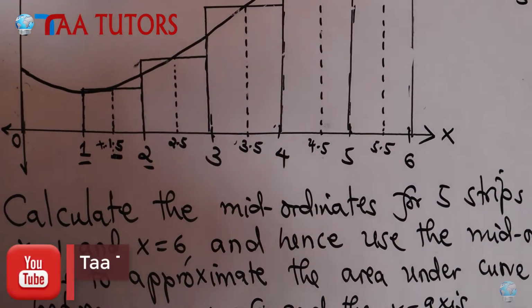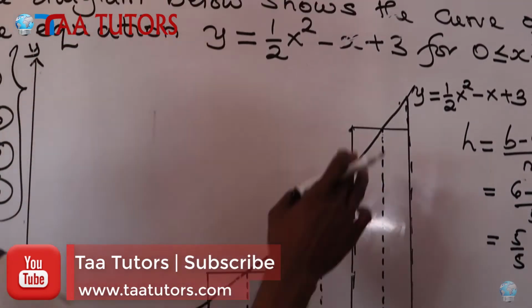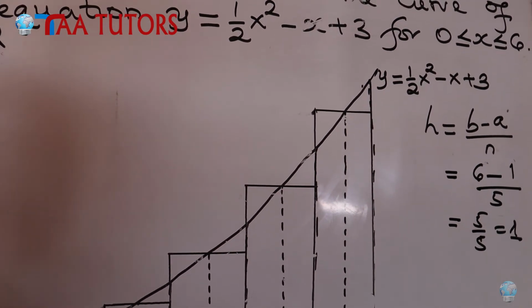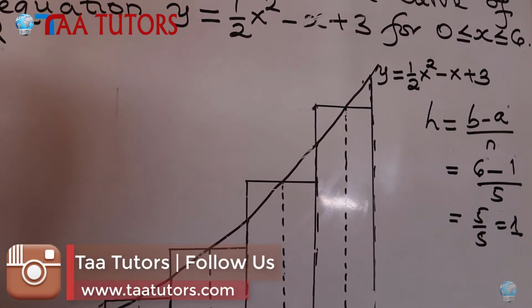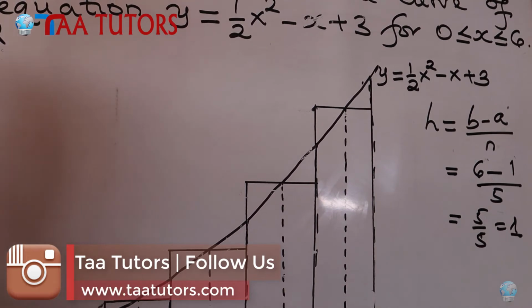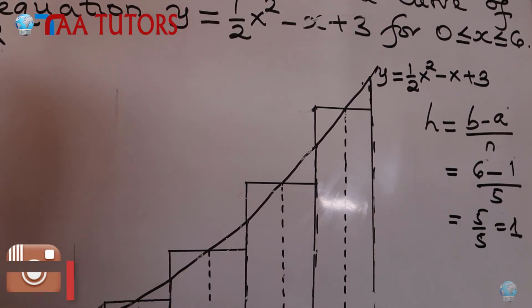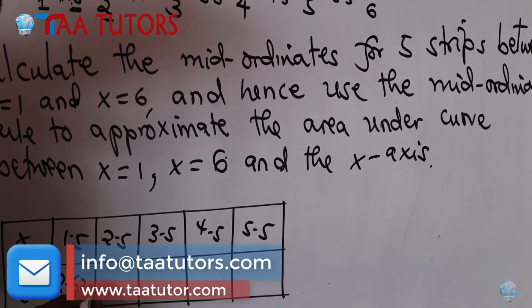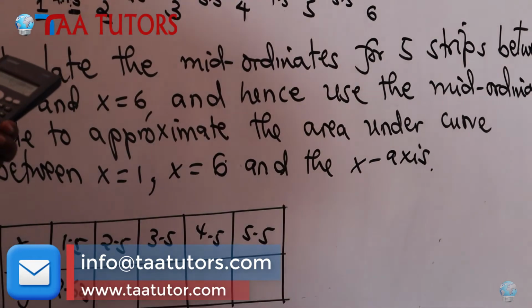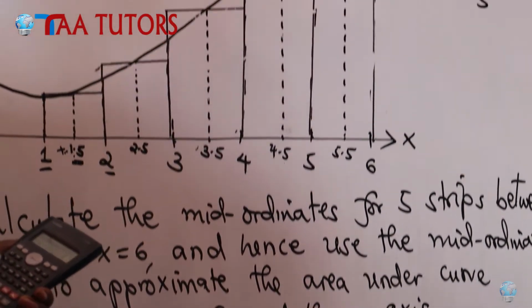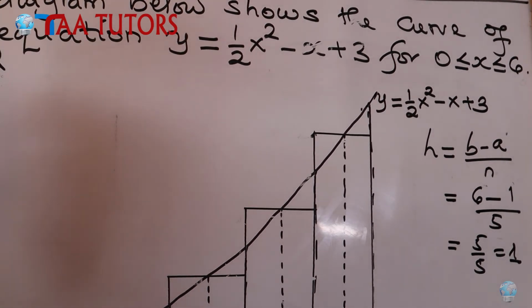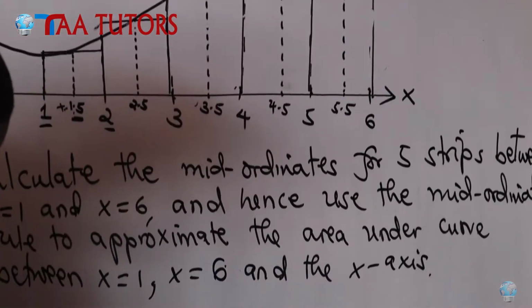So let's try to substitute this now in the equation which we already have. So I'll say 0.5, which is a half, times 1.5 squared minus 1.5 plus 3. I get 2.625. Then what about if it is 2.5? It will be 0.5 times 2.5 squared minus 2.5 plus 3. I get 3.625.